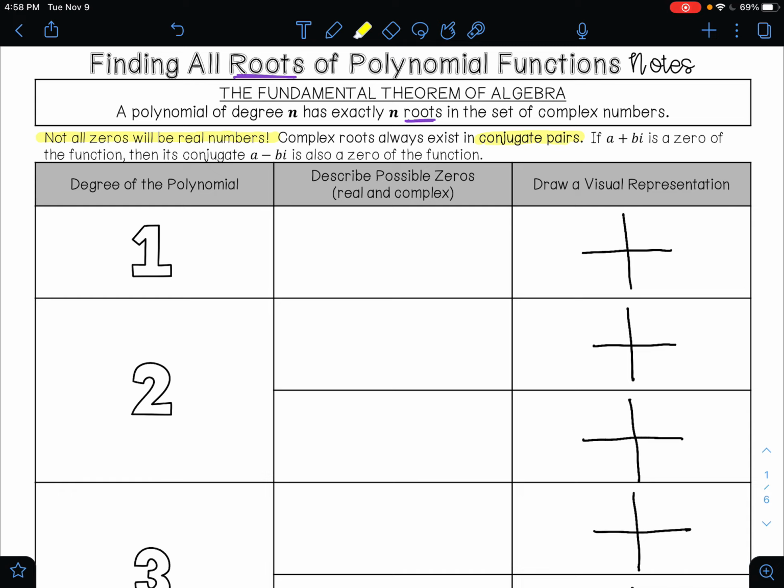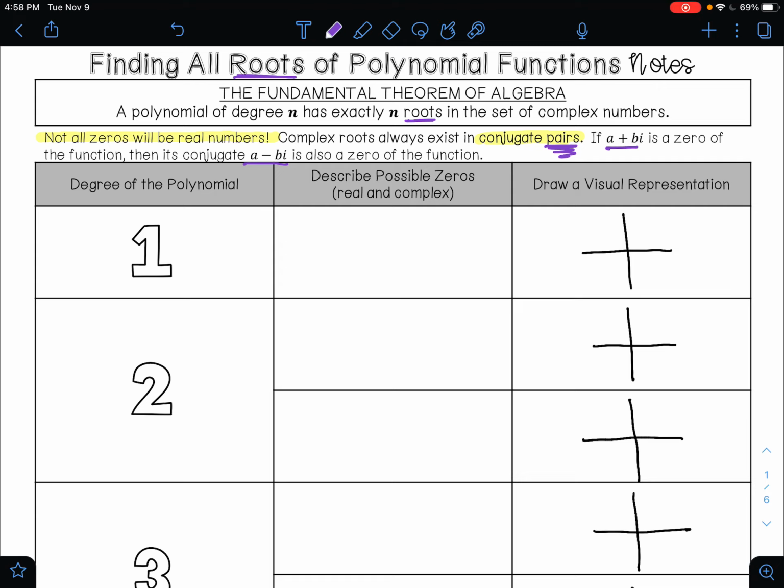I want you to think about it this way. Imaginary numbers always have an imaginary friend. So imaginary solutions always come in pairs. So if you have a solution of the form a plus bi, then that means a minus bi is also a zero of the function.